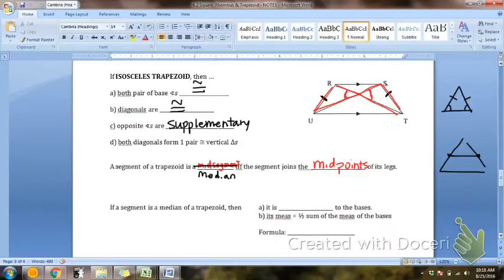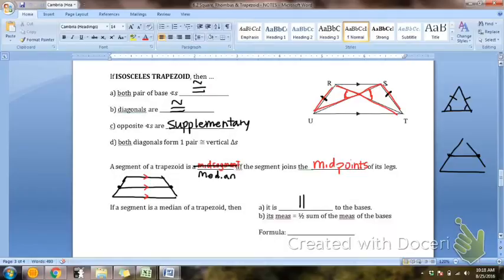So let's draw a trapezoid that has a median. Let's draw a median. If it is a median, then it is parallel to the bases. That makes sense. They all have the same slope, they're all going the same direction, and they never will intersect, all three of them.